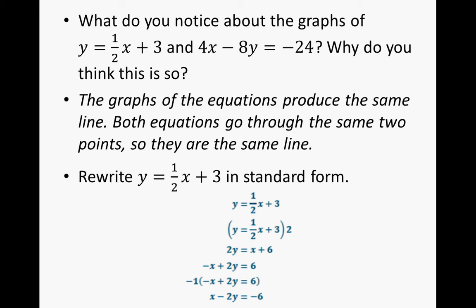And then when we write it in standard form, we have to subtract x from both sides. So that gives us negative x plus 2y equals 6. But we really don't want to have a negative x, so again, multiply the whole entire equation by negative 1, and we get our standard form, x minus 2y equals negative 6.